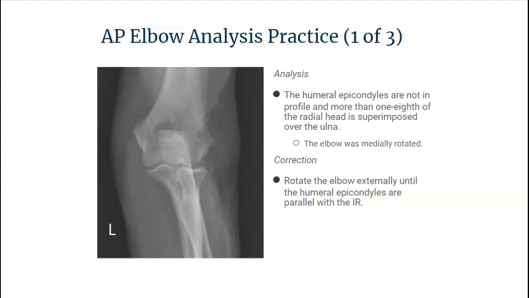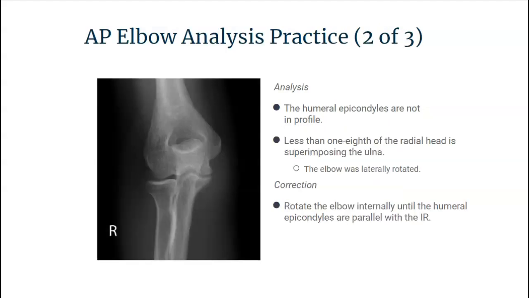Also, the humeral epicondyles are not in profile. This means that the elbow is internally or medially rotated. In order to correct this positioning error, we need to rotate the elbow externally until the humeral epicondyles are parallel with the IR.